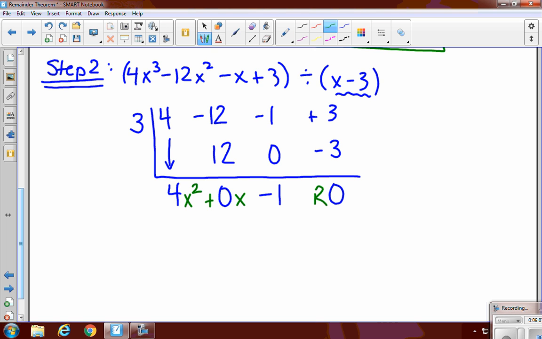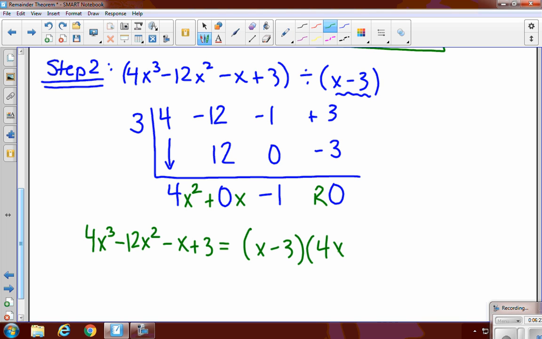So what this tells us is that 4x cubed minus 12x squared minus x plus 3 is the same thing as taking x minus 3 and multiplying it by 4x squared, well, the 0x doesn't make a difference, minus 1. So if we were to multiply these two factors, we're getting here.